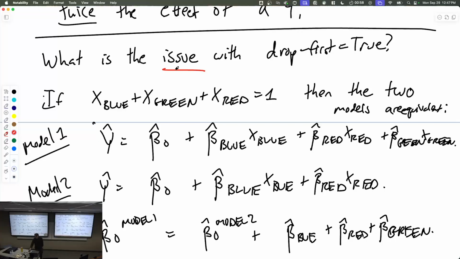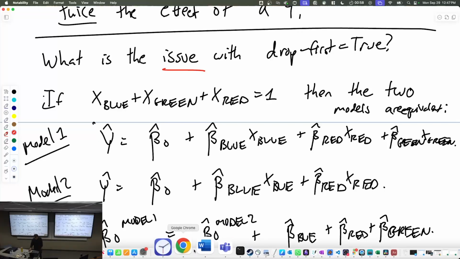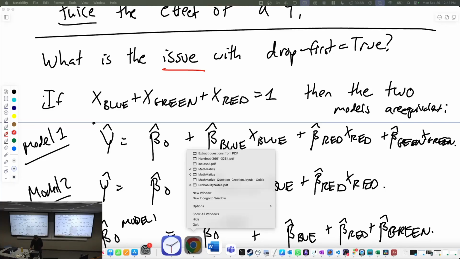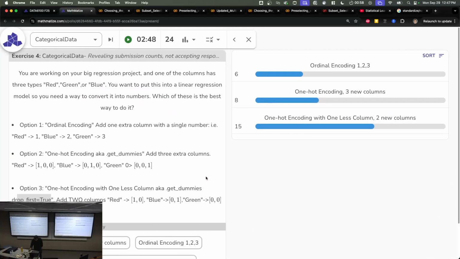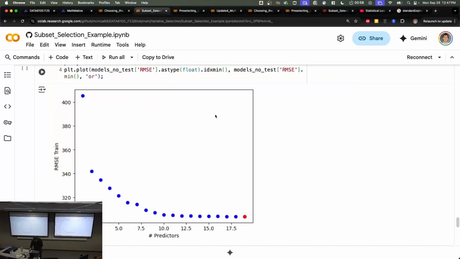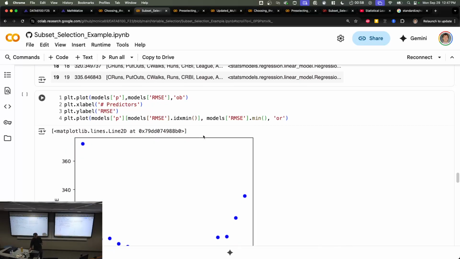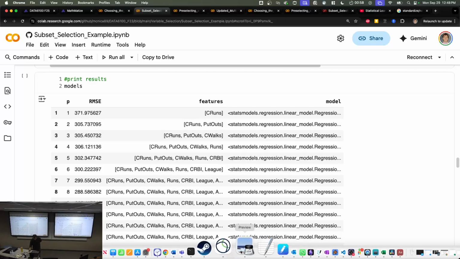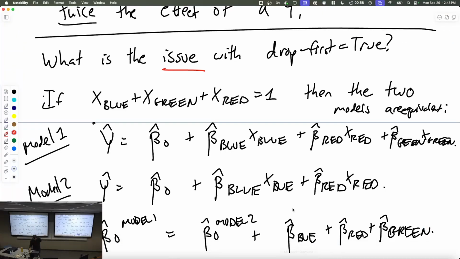For example, what were we just doing in this class several minutes ago? We were doing things like subset selection, right? We were choosing subsets. And as soon as you choose subsets, if you take out blue or green, then the models are no longer equivalent. With every single variable included, they are equivalent.